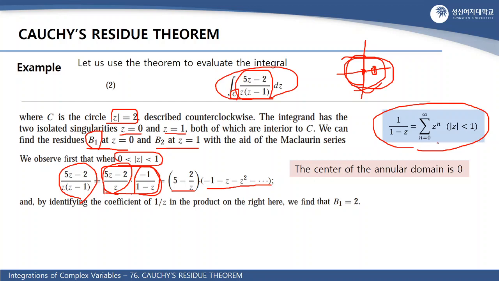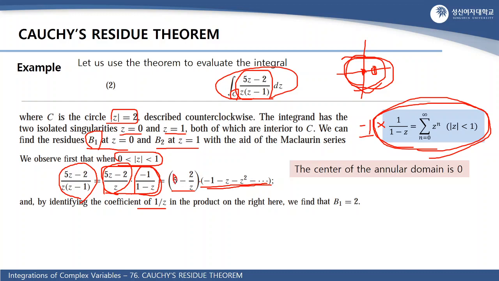by using this expression here, just multiplying by negative 1. We get this, and then further expand the terms, term by term. Among them, we can get the coefficient of 1 over z. Look at that.